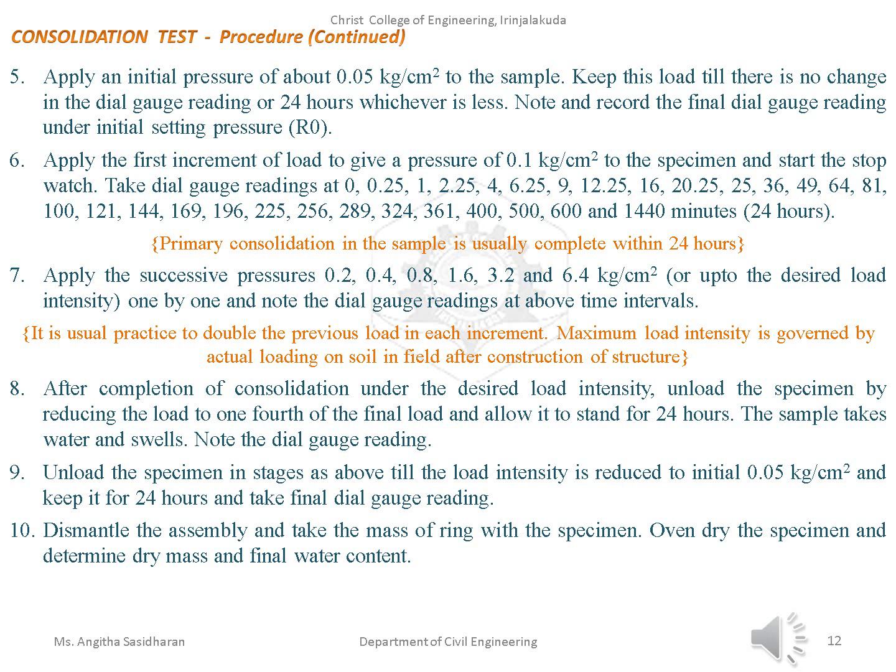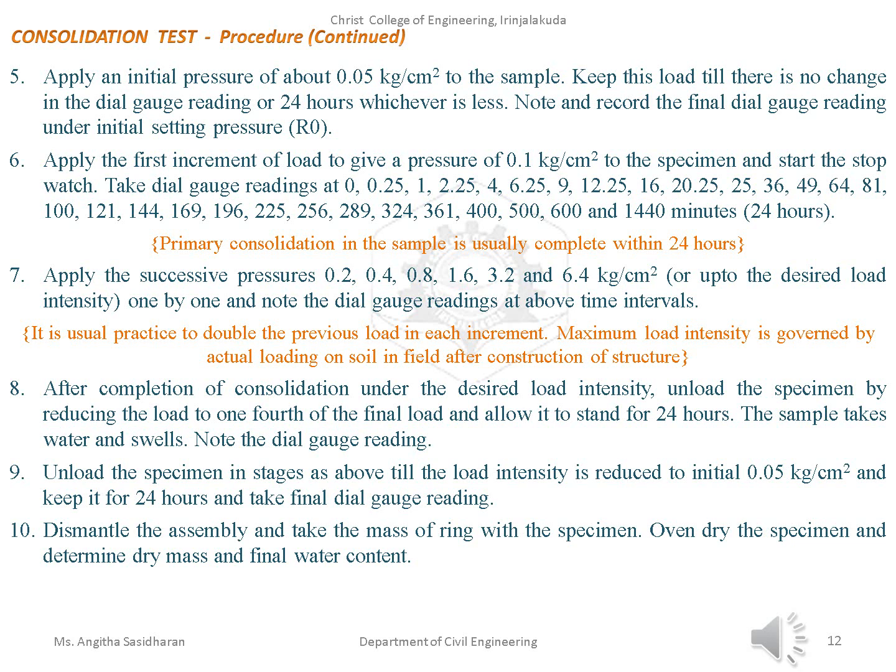We have to first reduce the load to 1/4 of the final load. We would have applied some final maximum load now, and from that stage we have to unload it. So we make that new load 1/4 of that maximum final load, adjusting the load such that it is 1/4 of the final load, and then we allow it to stand for 24 hours.